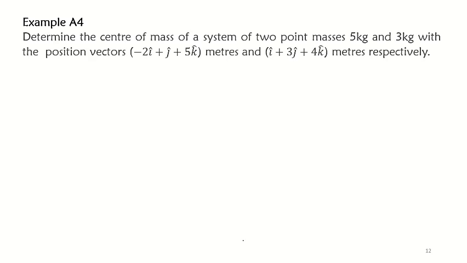Now this is a little bit different, but it's also the same approach. In this case we use the direct formula. We call the position vector r equal to xi plus yj plus zk.